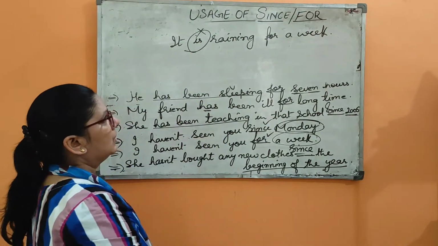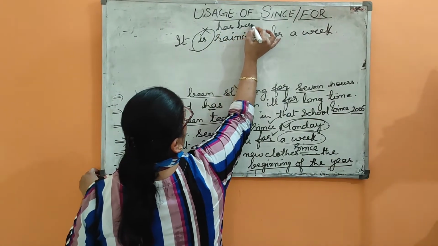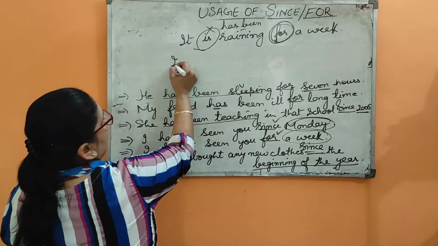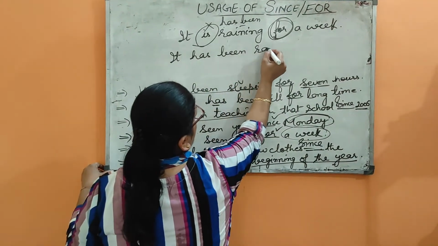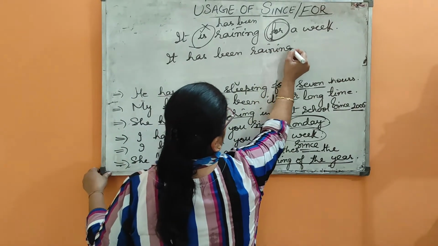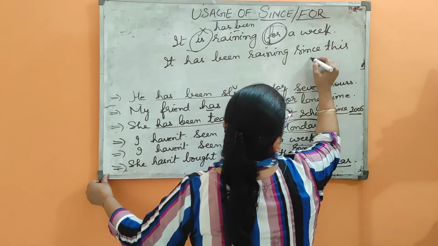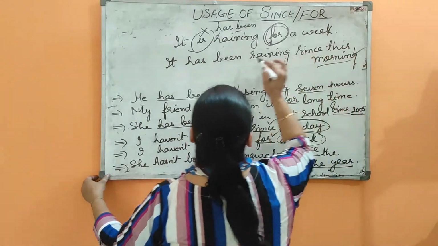It is not present continuous. It should be it has been raining. Why? Because we have used this for. Or it may be it has been raining since, you may say any specific time, this morning. This morning means a particular time of the day. This morning, it would be right here.